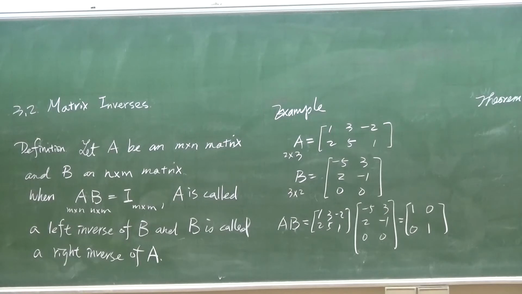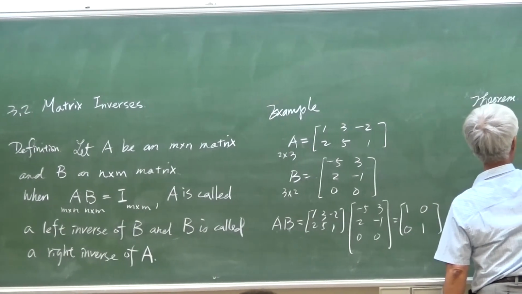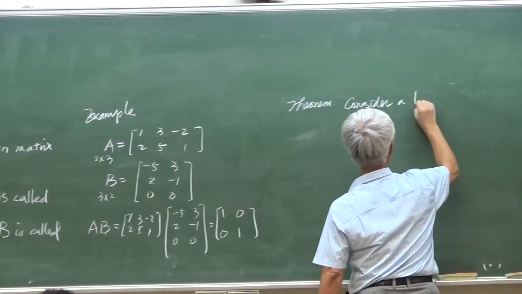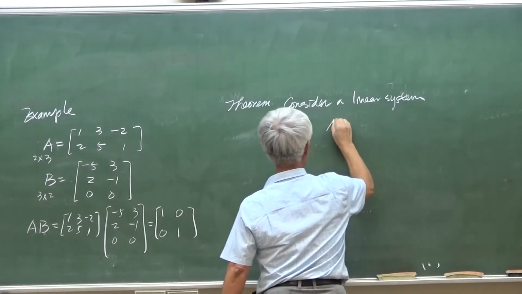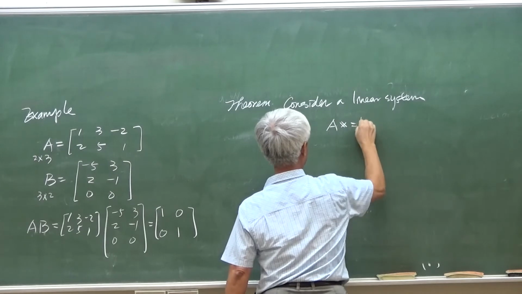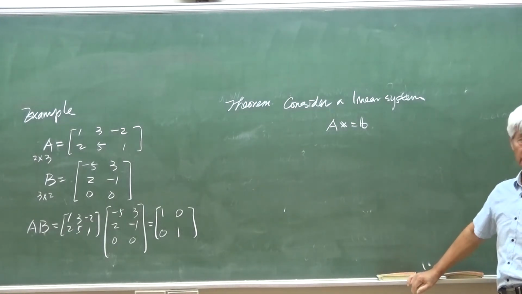So let me consider a linear system. Ax equals b. Right? First of all, we consider a linear system.